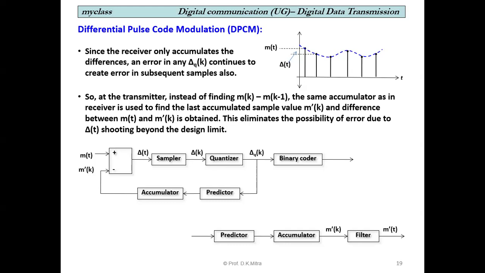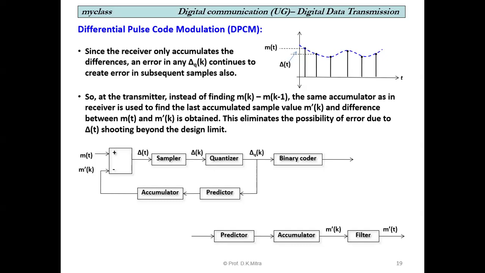So, if there is an error in transmission and the receiver receives wrong information and adds that wrong information to create the nth value, then all subsequent information will be wrong, isn't it?